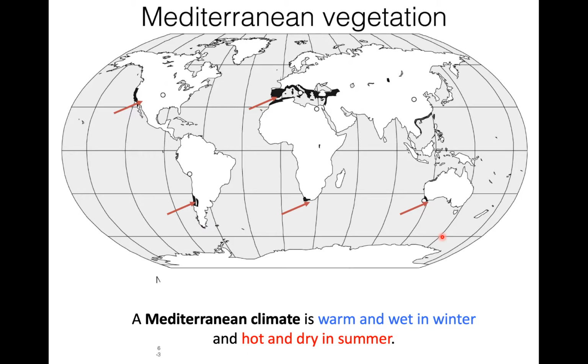The Mediterranean climate is defined as having a relatively warm and mild and a bit of a wet winter and a hot and dry summer.